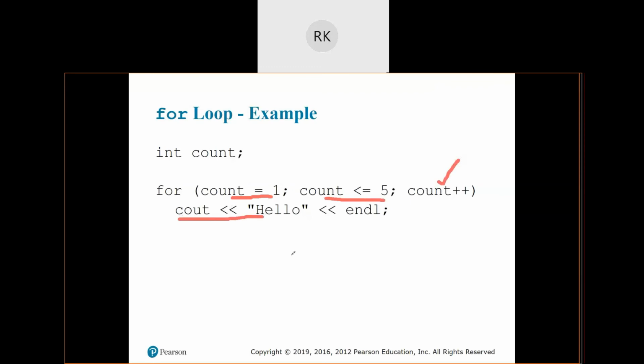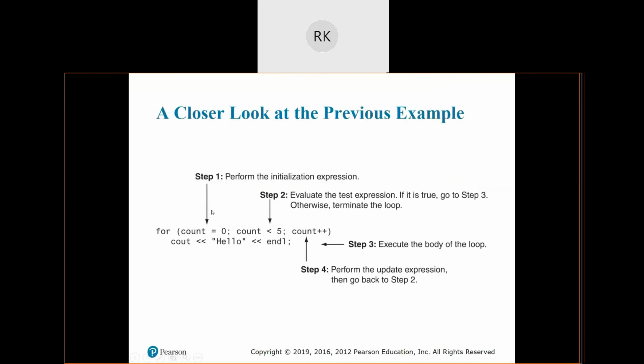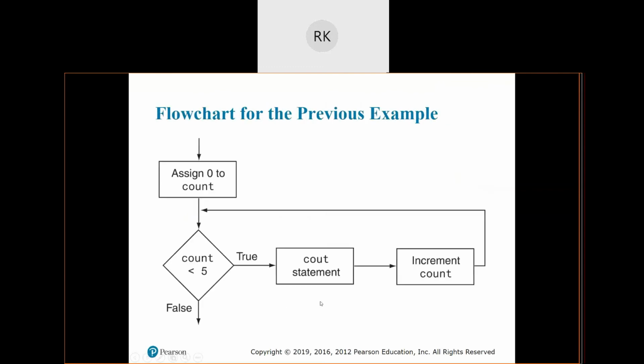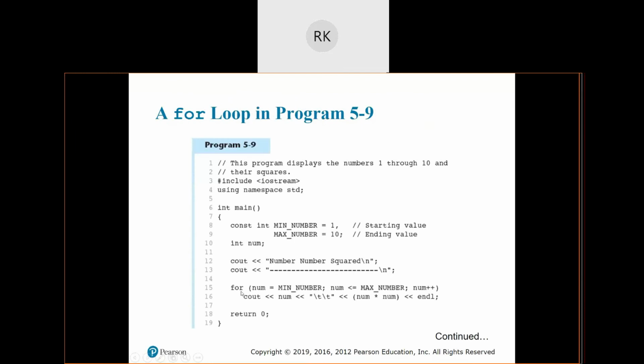So 5 times the word hello will be displayed. The looping concept is the same. The 1, 2, 3, 4 I already told you. If the condition is true, it will do that, and as long as the condition is true, it will repeat. Once the condition becomes false, it will quit.